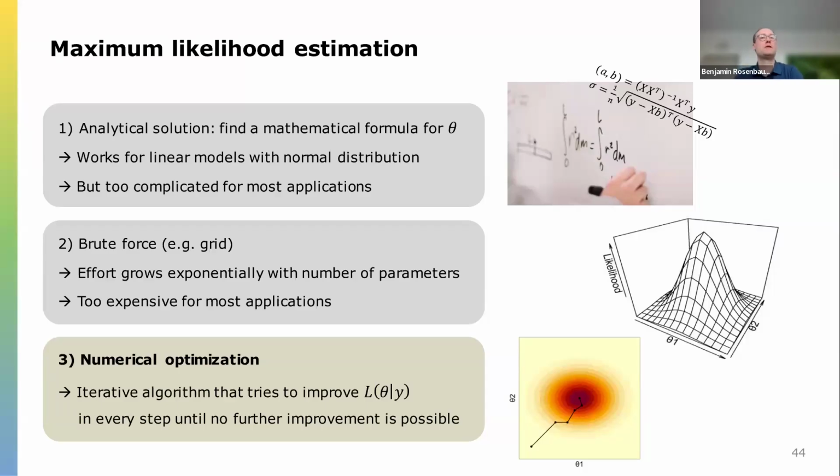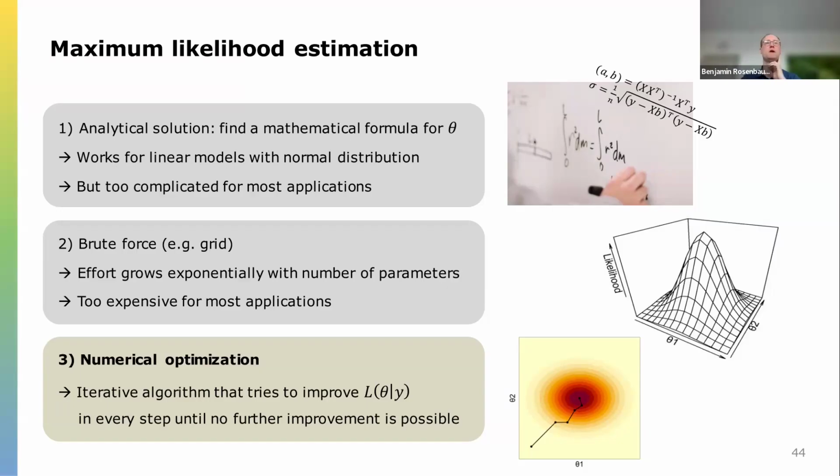There's an algorithm that starts at some good guess for the parameters and searches around in this multidimensional space and tries to find the best value. In each step, it moves a bit closer, and mathematical methods for this have been developed for decades now, and they work quite well and effectively.